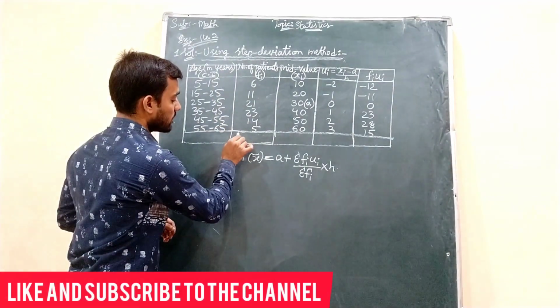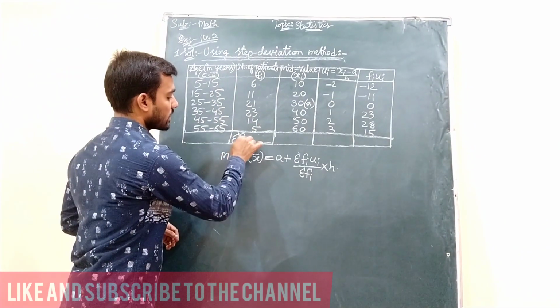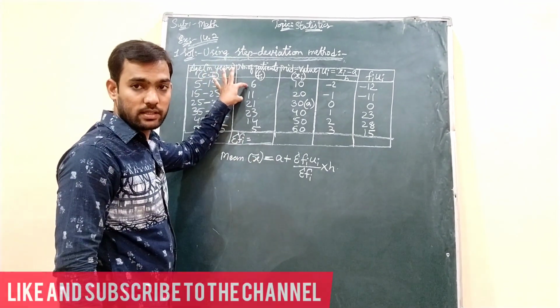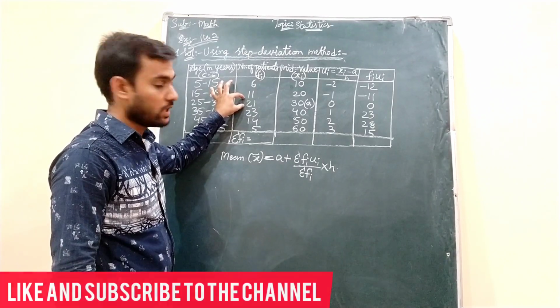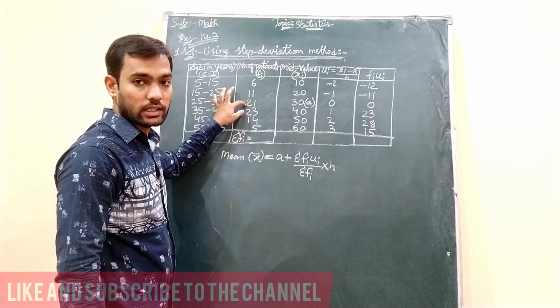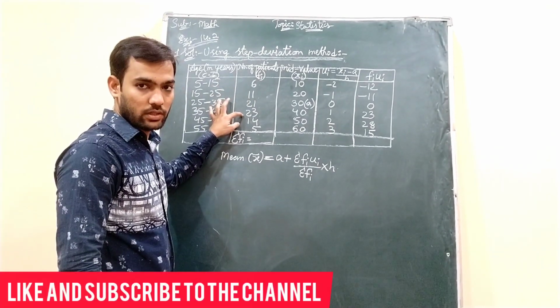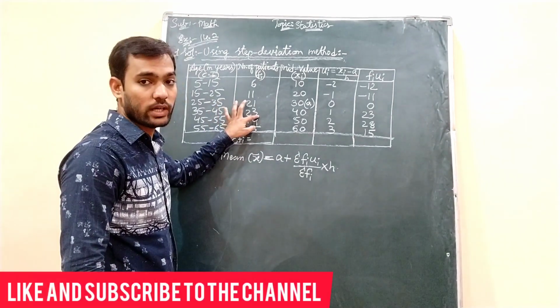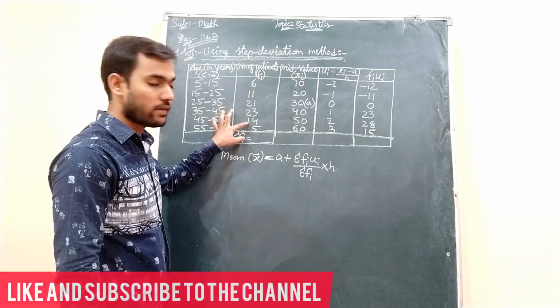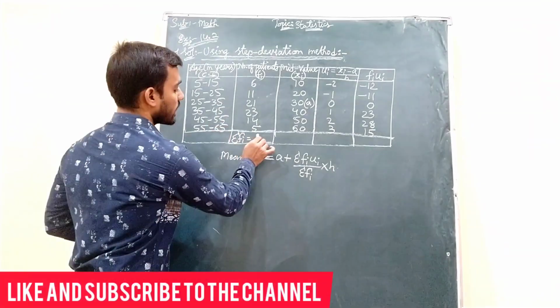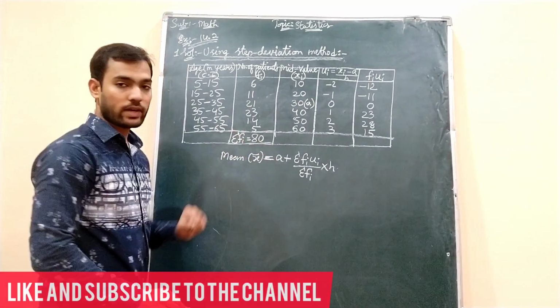So sigma Fi equals 6 plus 11, 17, and 17 plus 21 gives 38, 38 plus 23 gives 61, 61 plus 14 gives 75, and 75 plus 5 gives 80. So sigma Fi is 80.